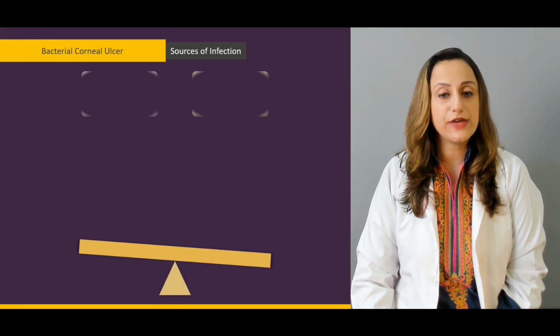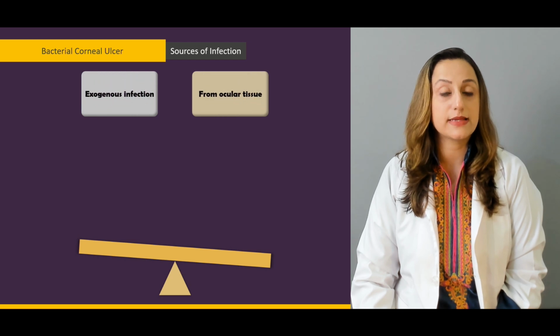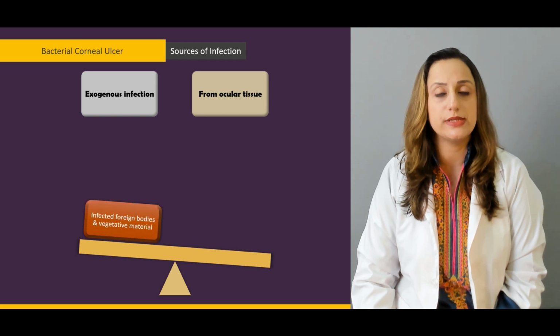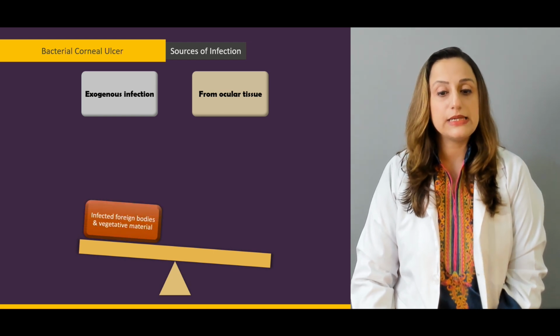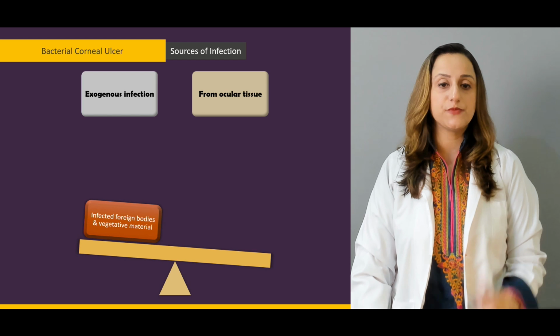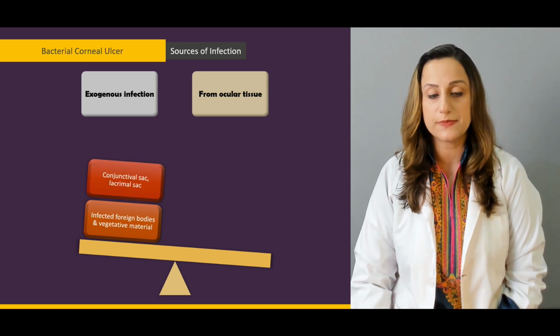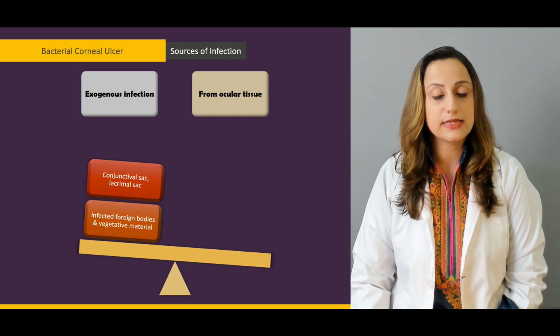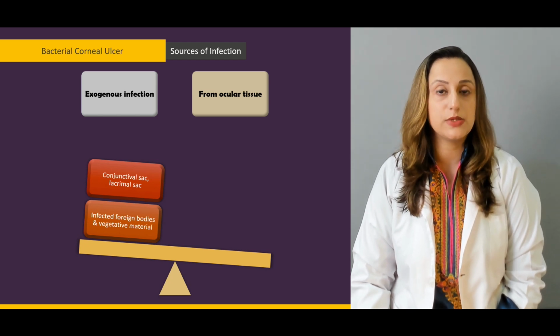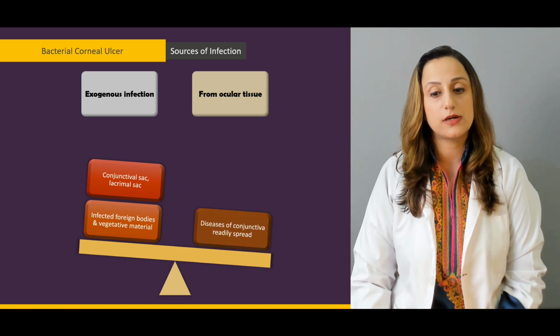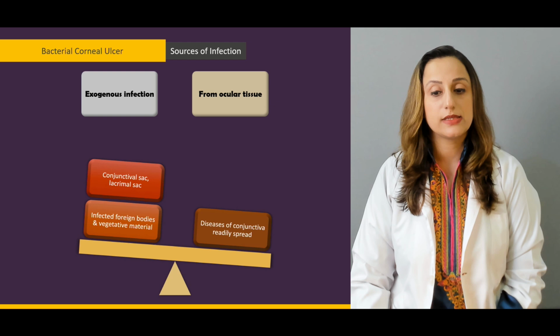The sources of infection over here can be exogenous, or they can come from an ocular tissue or the neighboring structures. Infected foreign bodies and vegetative material are one of the sources of infection in individuals. Then we have the conjunctival sac or the lacrimal sac, which can be one of the exogenous reasons for this kind of keratitis.